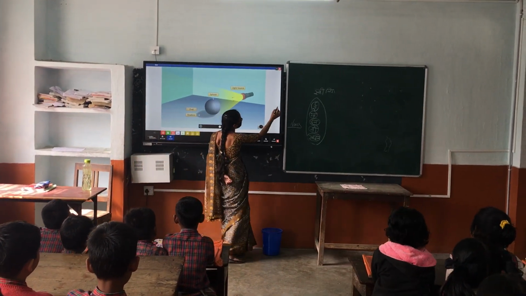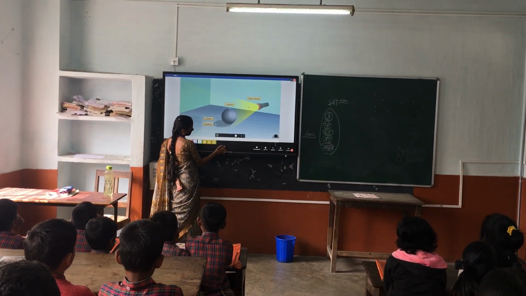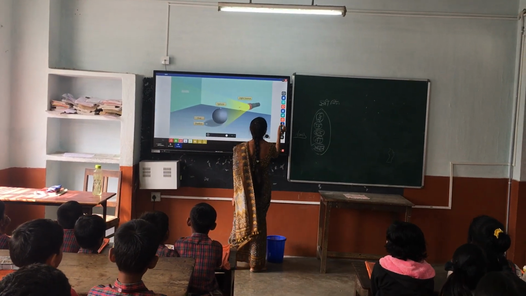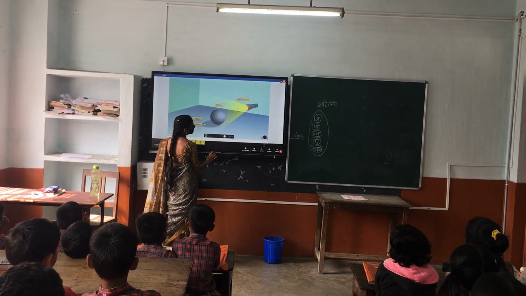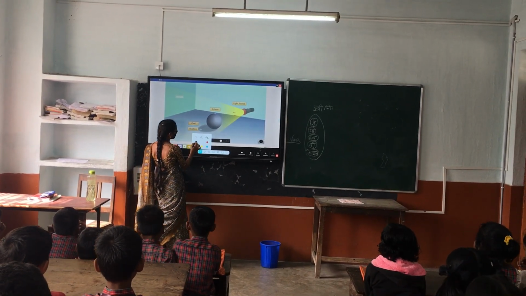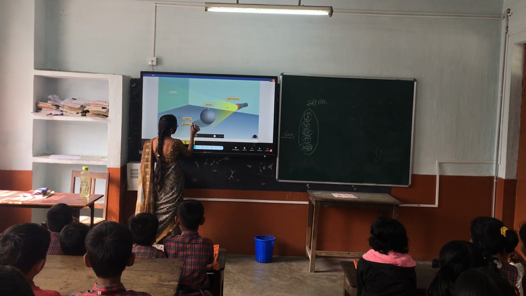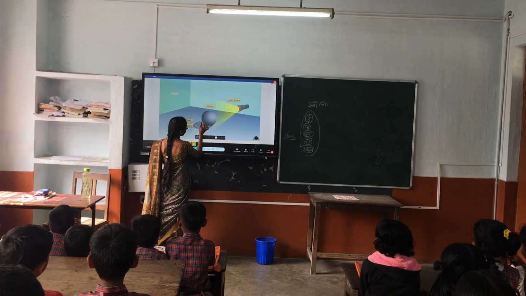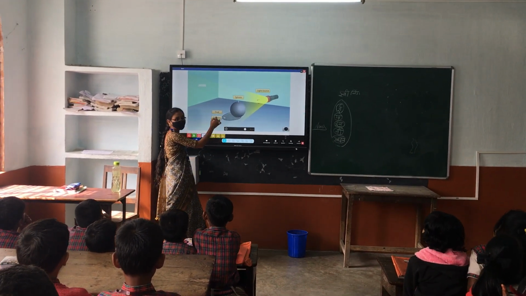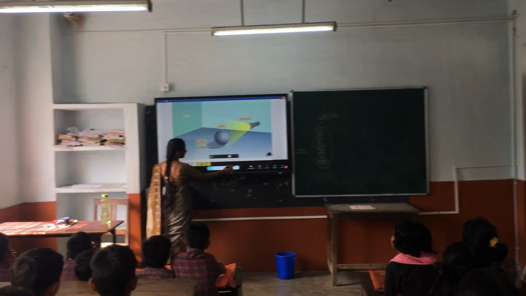If you observe this mark here, it looks like an oval. So this sphere is forming an oval from this side.